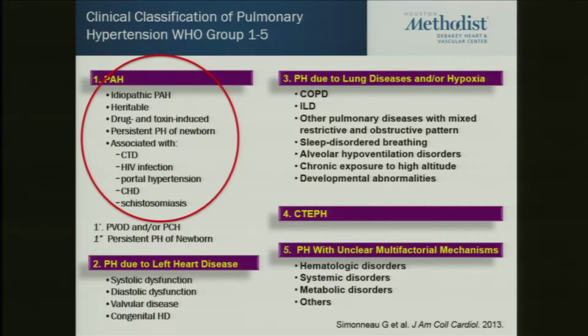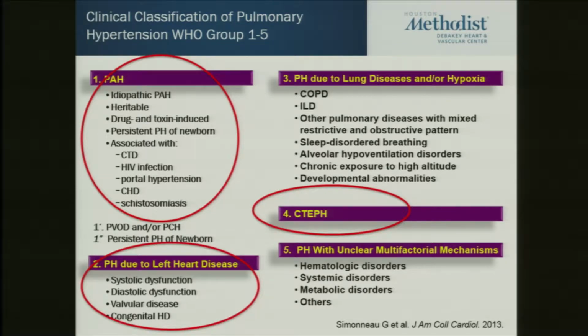Now, this is not as common as PH due to left heart disease, which is the most common, which is what we saw as post-capillary pulmonary hypertension. For this talk, I'll be talking about group 1, group 2, and group 4 pulmonary hypertension. Group 4 pulmonary hypertension is chronic thromboembolic pulmonary hypertension, which is due to clots in the lungs in patients with previous PE.